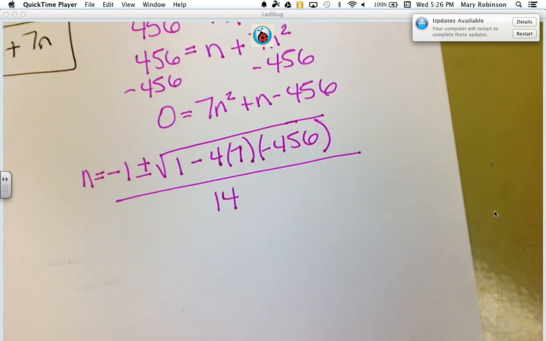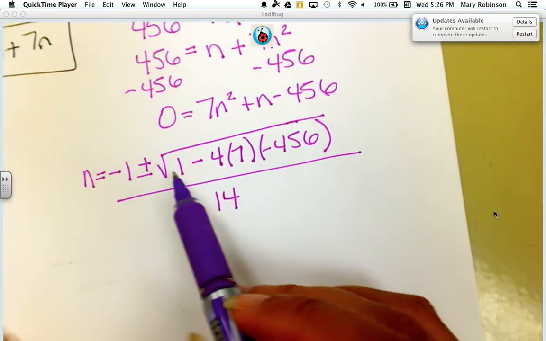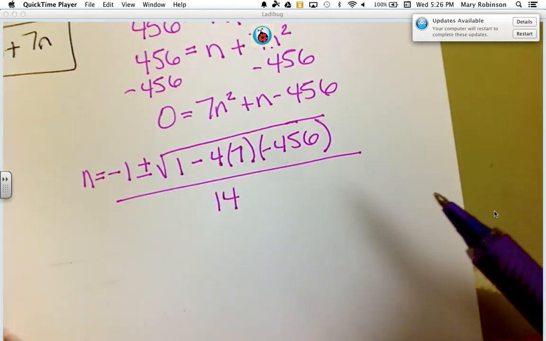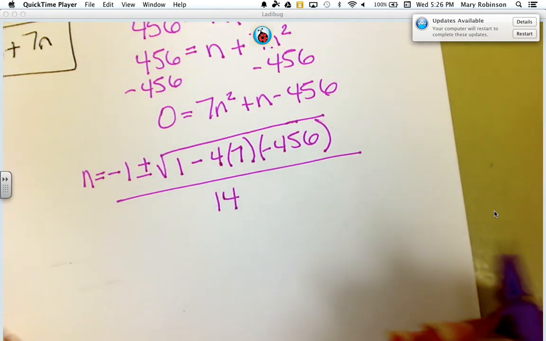Now I'm going to simplify what's under the radical.